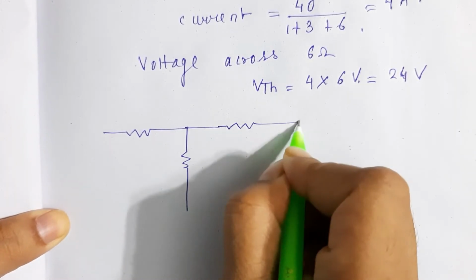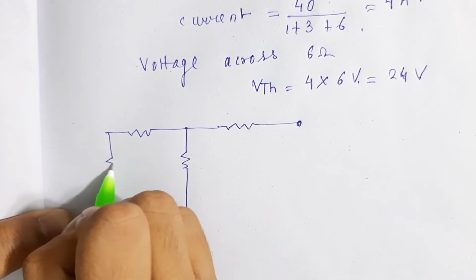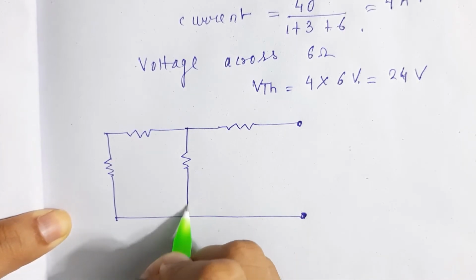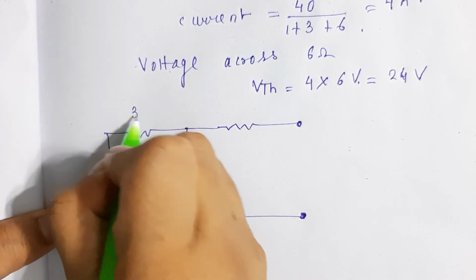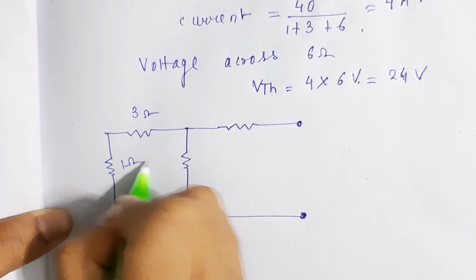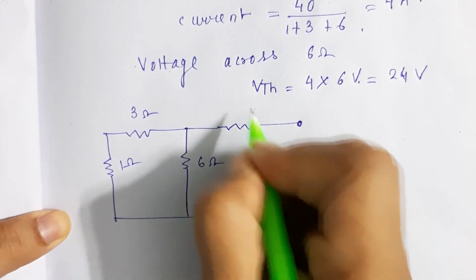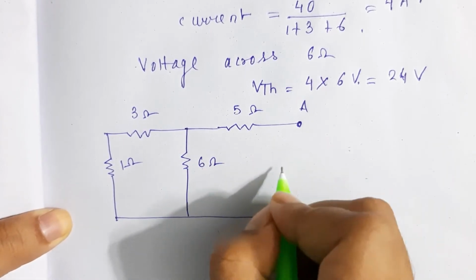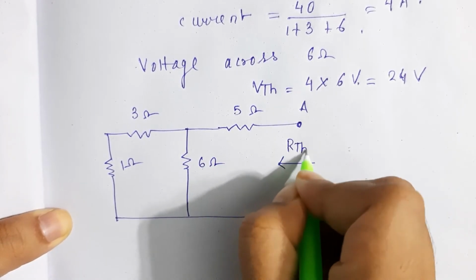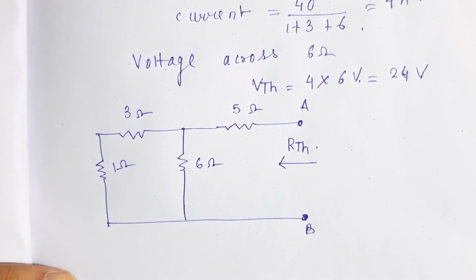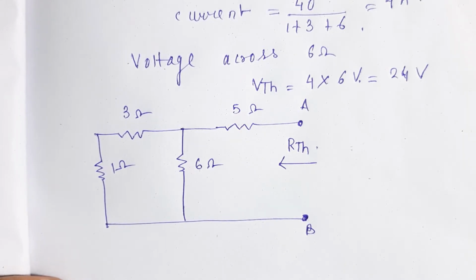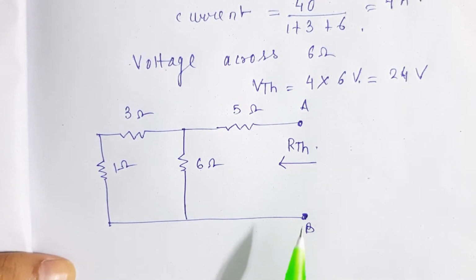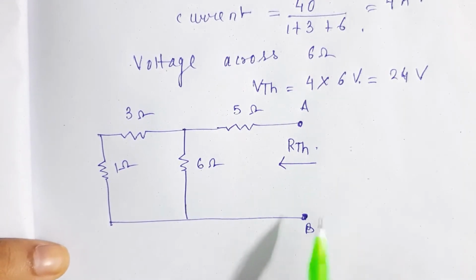In order to calculate RTH, we will also remove the voltage source, so we will only have the resistances. This will be our circuit for RTH.